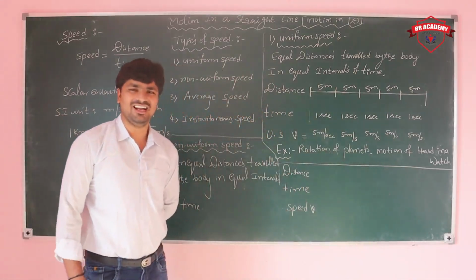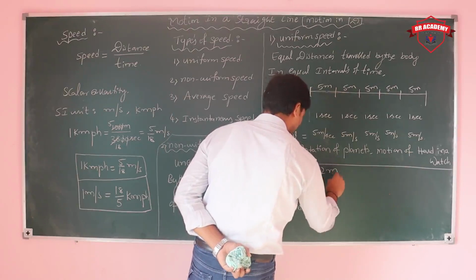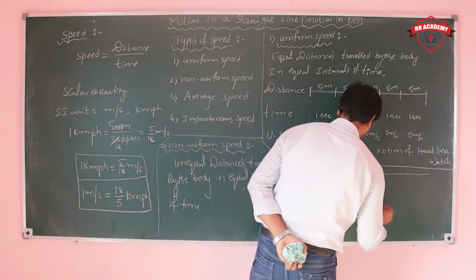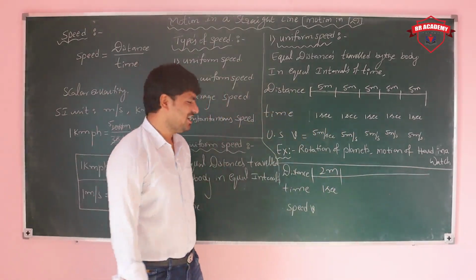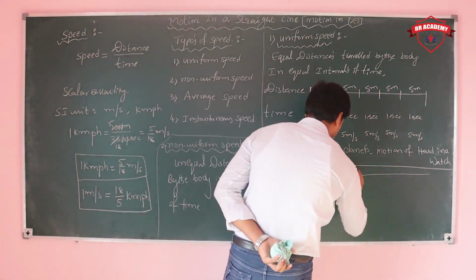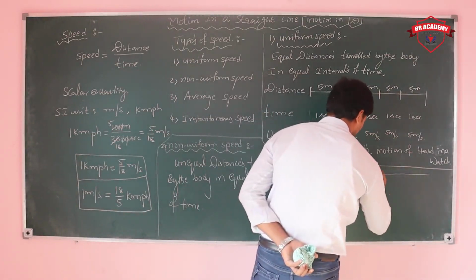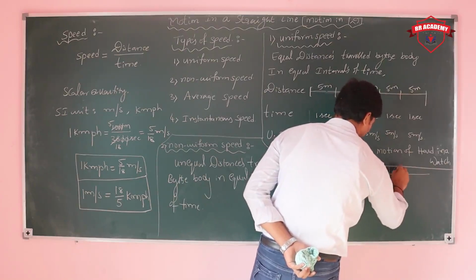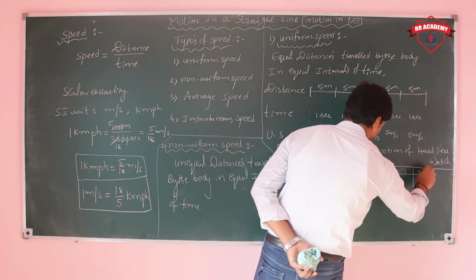In a straight line, he travels the first 2 meters in 1 second. Next 3 meters in 1 second. Next 4 meters in 1 second. Next 6 meters in 1 second. And then 5 meters in 1 second.